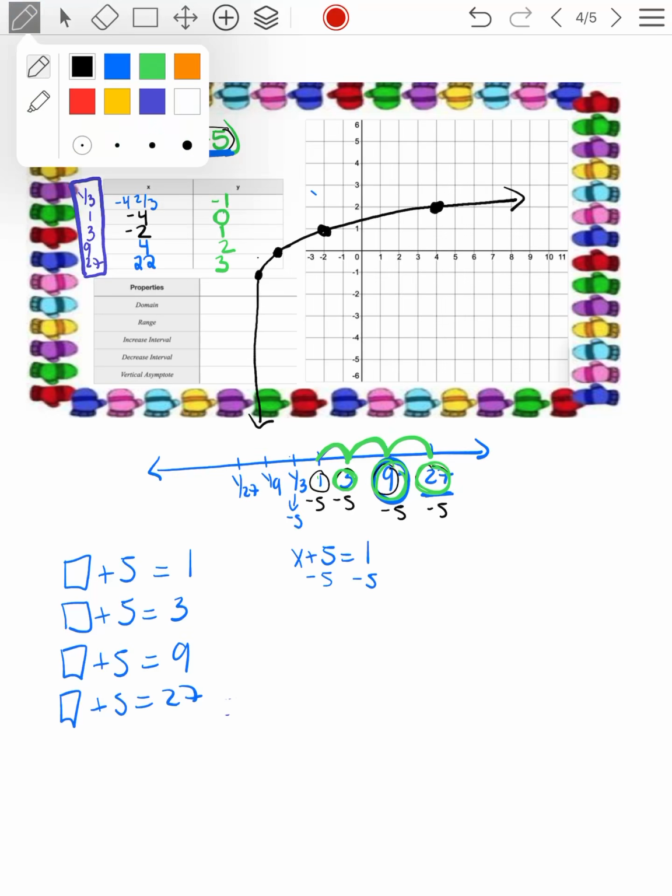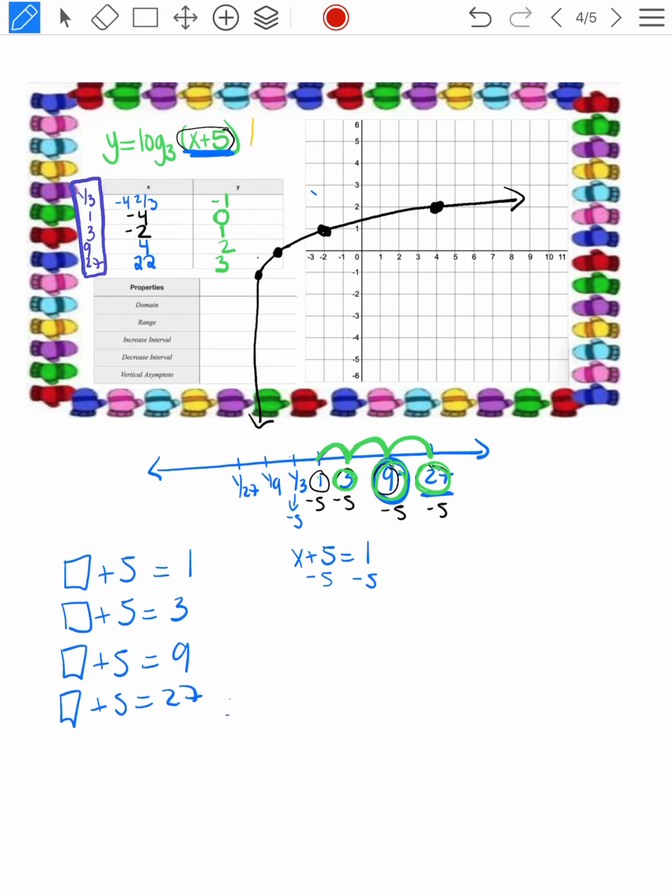Okay. So my vertical asymptote, and pardon me for this being off the graph, is going to be right here, and it's going to be at -5. Because if we were going to keep going, I would keep getting -4 point something, -4 point something, but I would never hit -5. So my vertical asymptote is here at -5.